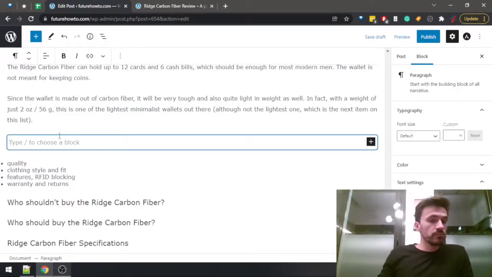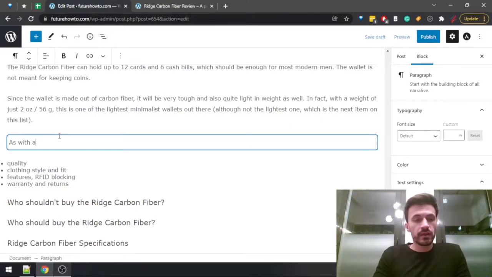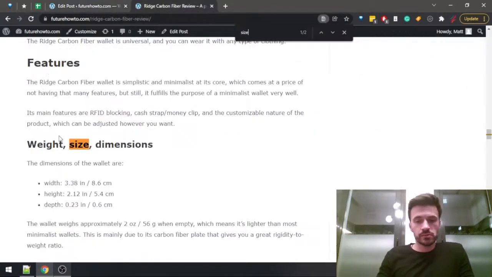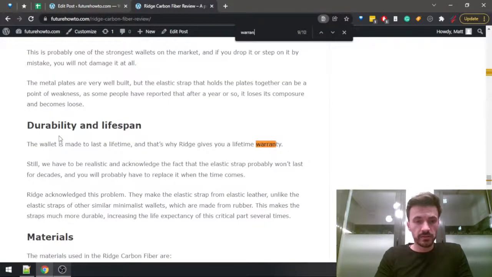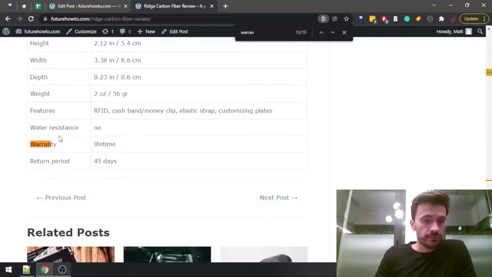Quality, well, you can say here, as with any other model from the Ridge series, the carbon fiber model will be a premium quality product. Let's switch things up a little bit in here, just so that we're not following the exact same pattern all of the time.